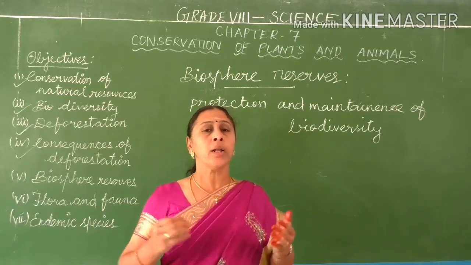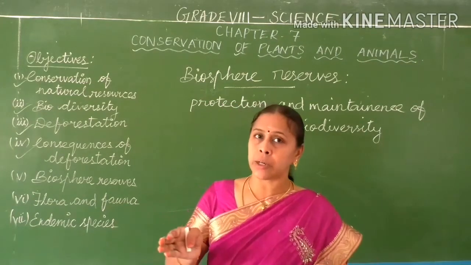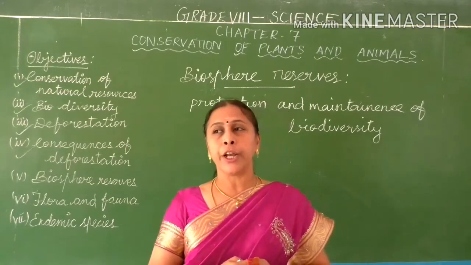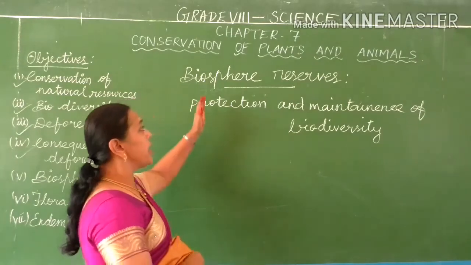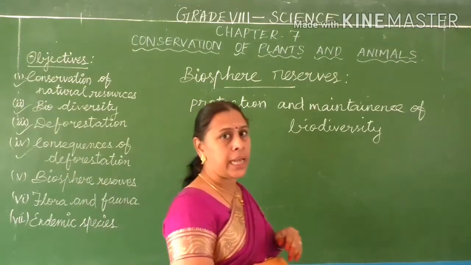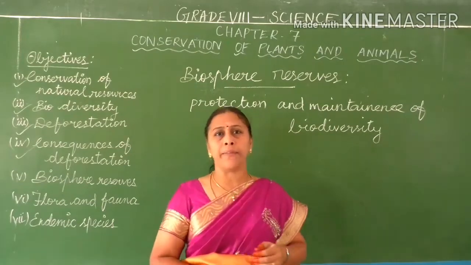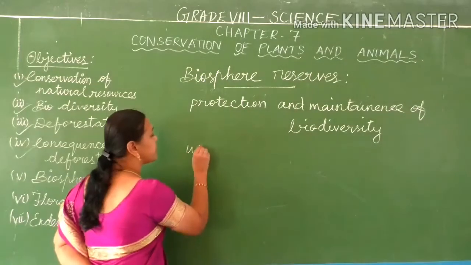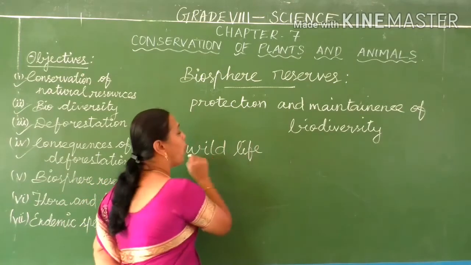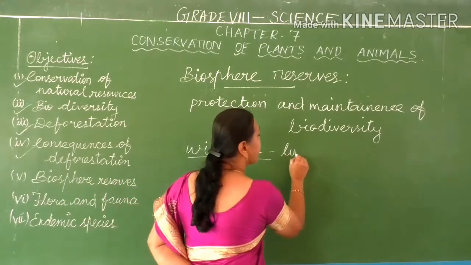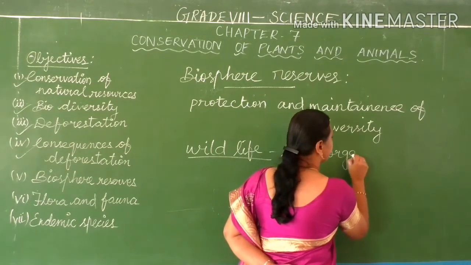We have lots of natural resources and we have to conserve them, or else it will lead to a very adverse effect. So, in these biosphere reserves, there is wildlife. What is wildlife? Living organisms in their natural habitat.